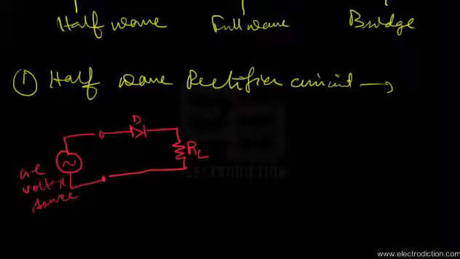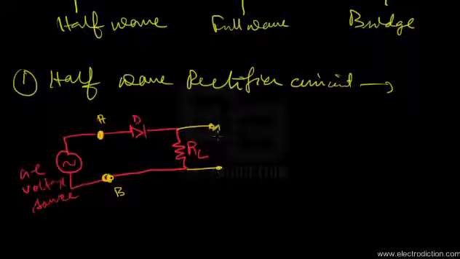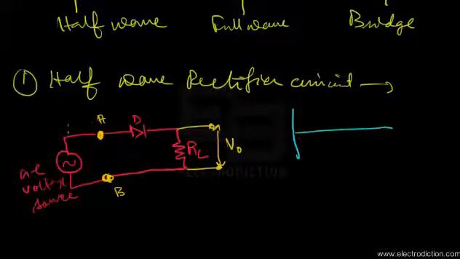Now this terminal, let it be called terminal A, and this one terminal B. We obtain the voltage output across the load resistance, as you can see here. For an input AC voltage applied across terminals A and B, the AC voltage being sinusoidal in nature, we see that it keeps on varying in polarity after every half cycle.